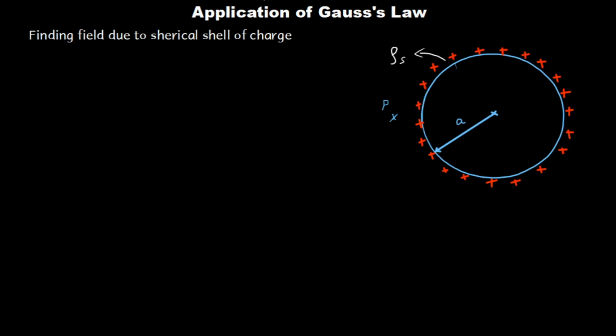So this sphere should be covered by another sphere, which we call an imaginary Gaussian sphere, such that this point P is on the surface of that sphere. Remember, even though I am drawing it on the plane of paper in 2 dimensions, I am drawing a sphere, so it is a 3-dimensional figure which I am trying to express.